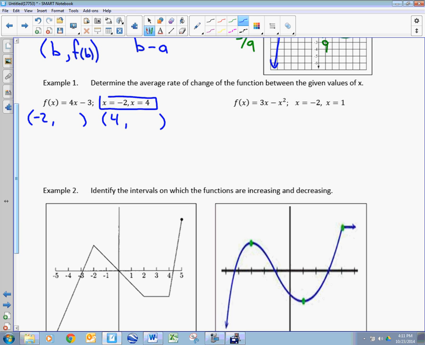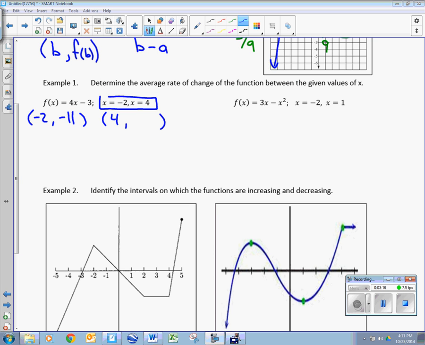If you plug in -2, 4 times -2 is -8, minus 3 is -11. f of B would be 4 times 4, which is 16, minus 3 is 13.